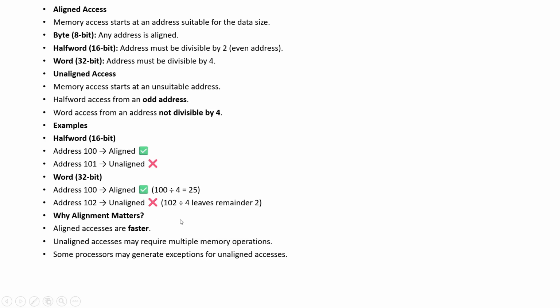So why does alignment matter? What is the use of this alignment? Aligned accesses are faster. If memory addresses are aligned, access to them is faster.